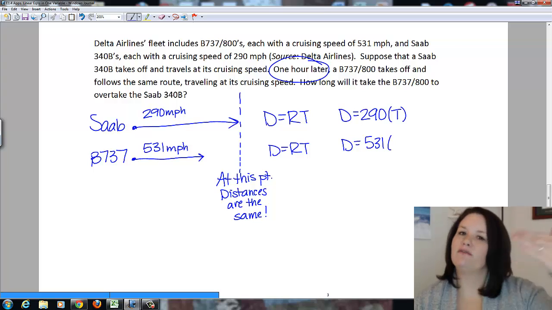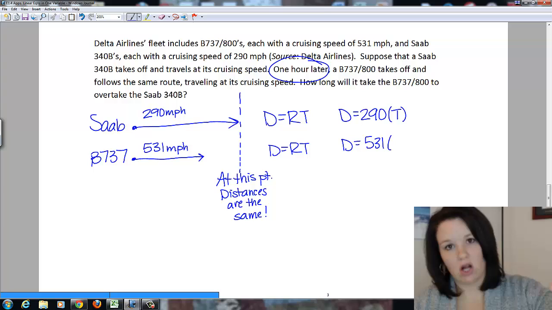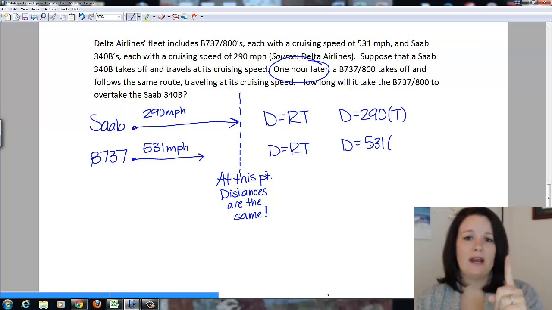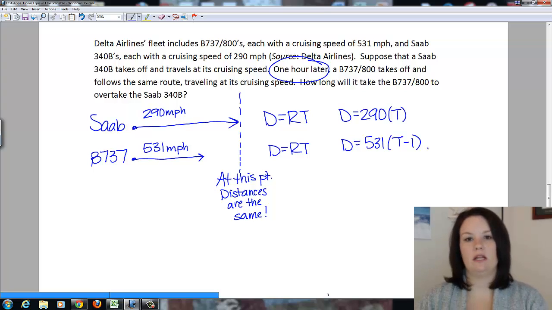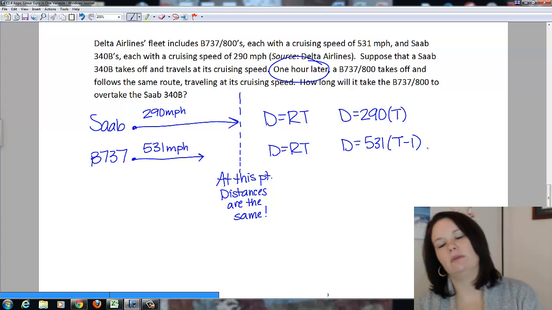So if I call the first plane's time t, he's been traveling longer. The second plane that took off an hour later has been traveling 1 hour less total time than the first plane. So I can call this t minus 1, right? He's been going the same amount of time as the first plane minus 1 hour because he started an hour later.